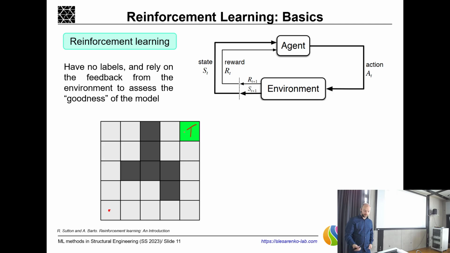So in this case, question: what is the state of my agent? What can I describe as a state? If you're playing this game, just find the exit. What is the state? How many states do we have? Why 1?